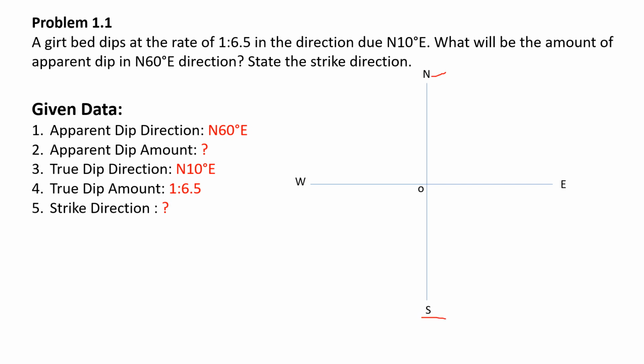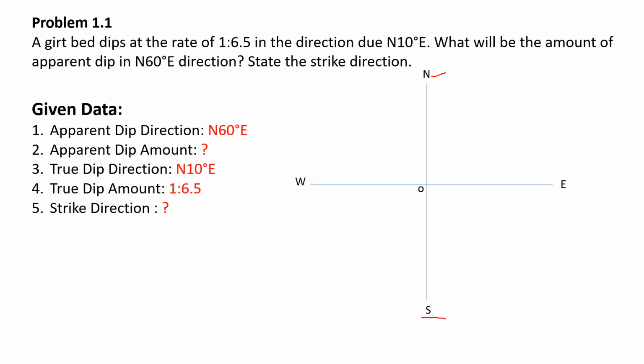We never measure angles from west to north, east to north, west to south, or east to south. We always measure all the angles from north to east, north to west, south to east, south to west.